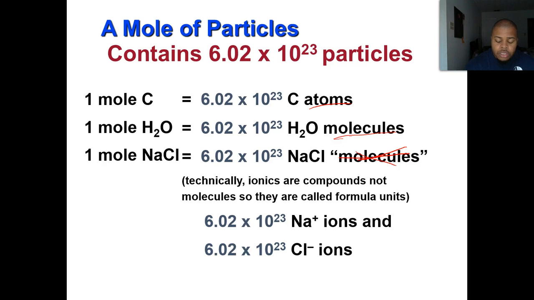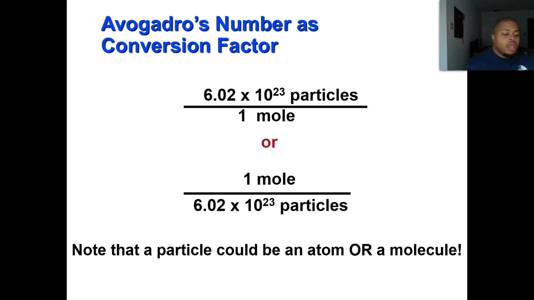So we're going to use this information now to move in the direction of, okay, what do I do with it? Now, if you remember earlier in the year when we dealt with our dimensional analysis, which I know a lot of you are saying, oh yay, I love it so much. Well, when we dealt with dimensional analysis, we had these conversion factors that we had to deal with.